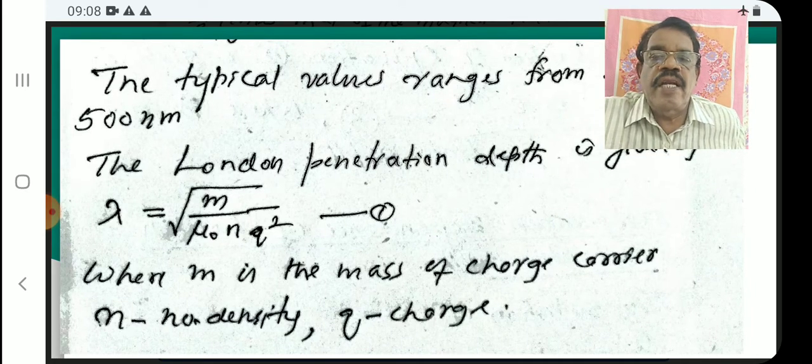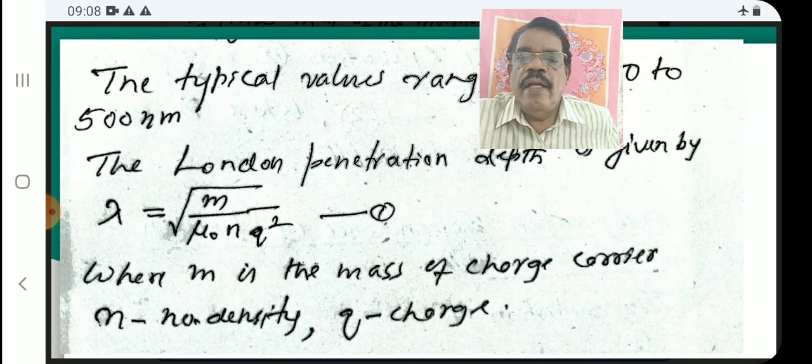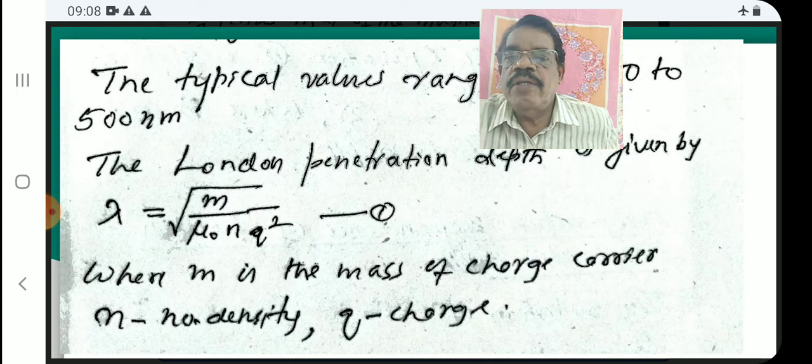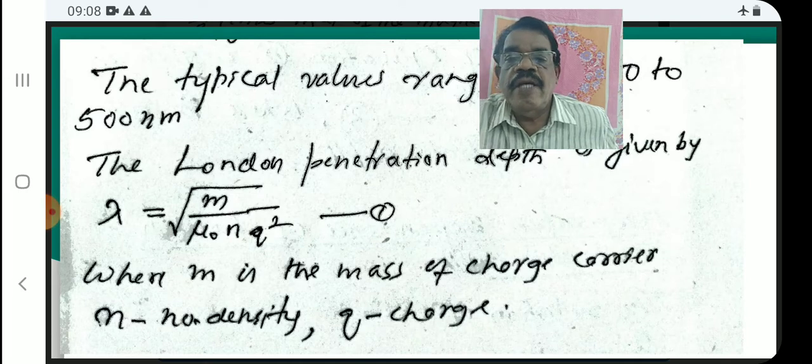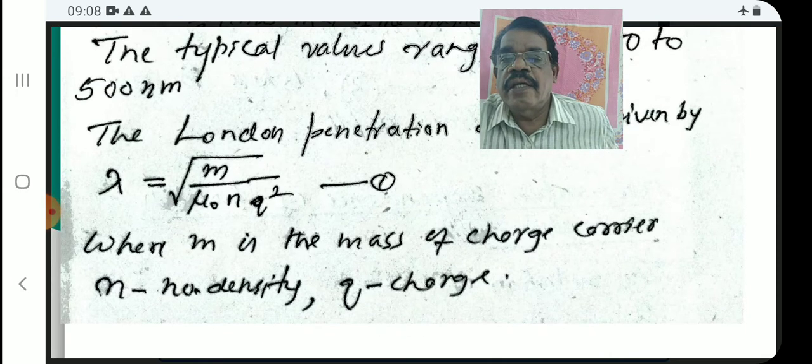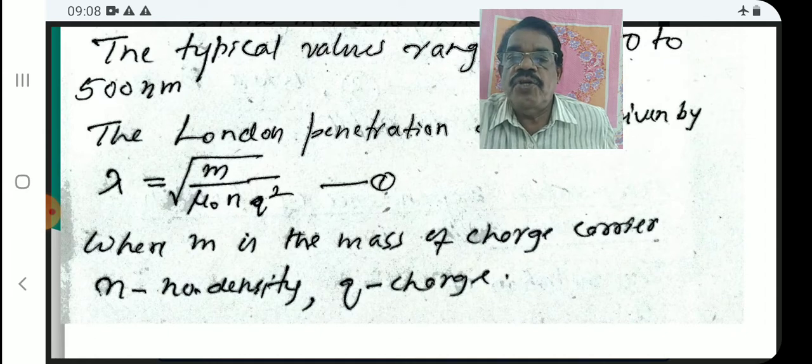The London penetration depth is given by lambda equal to root of m by mu0 n q square, where m is the mass of the charge carrier, n is the number density of electrons or charges, and q is the charge. mu0 is 4 pi into 10 raised to minus 7.